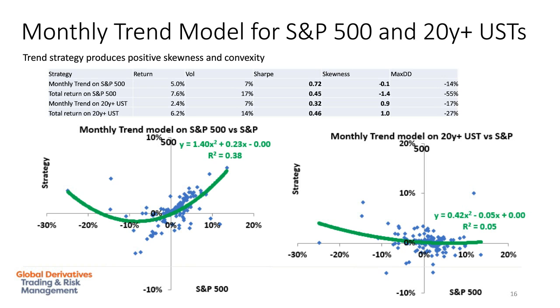We see that indeed the strategy generates a nice convex profile that is able, not always but more likely than not, to provide some tail protection. The same is true for bonds. It also has relatively good skewness. For the S&P itself, the skewness is minus 1.4, while the strategy has almost zero skewness.